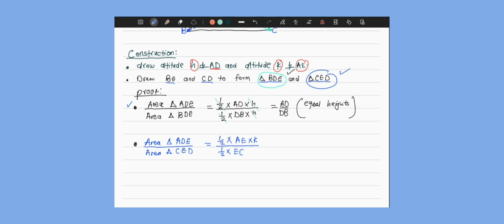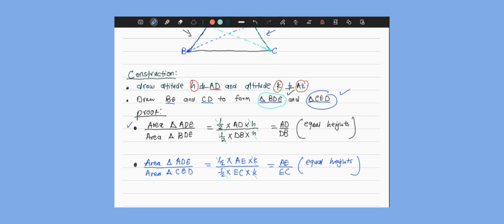It's going to be EC as our base multiplied by the same altitude. Then when we cancel everything out, I'm left with the ratio AE divided by EC. The reason here is still the same: equal heights.